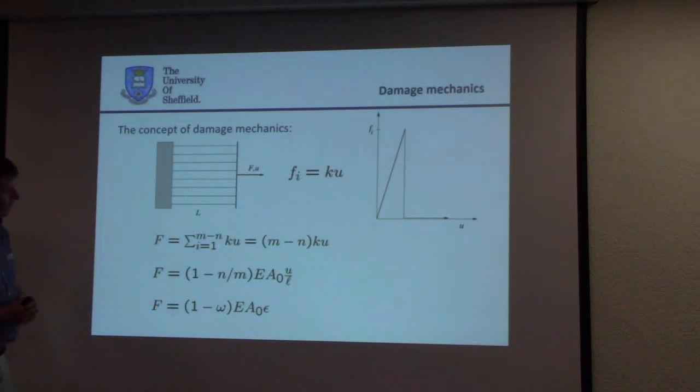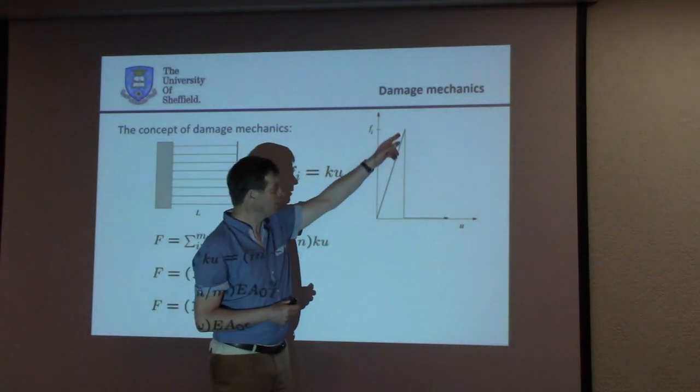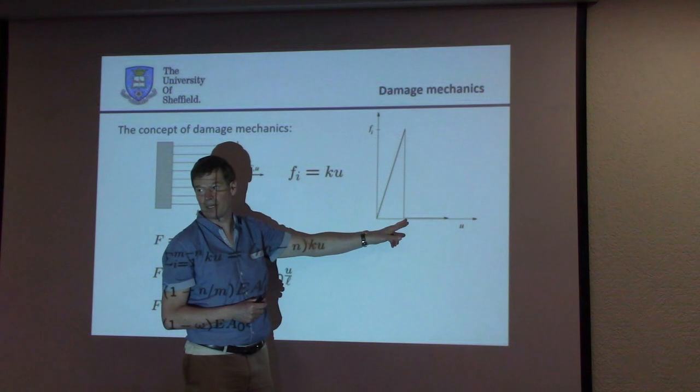Now we go to a case that we have a distribution in the strength of these bars. Some bars are a bit stronger than other bars. So we use the model that each bar is brittle.